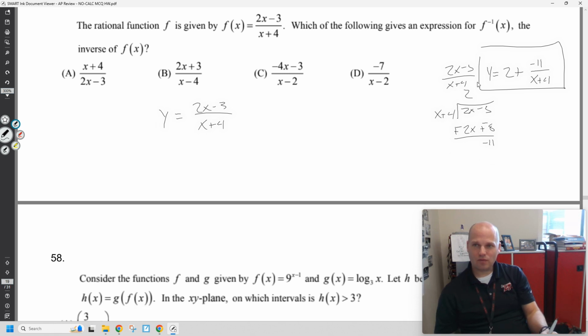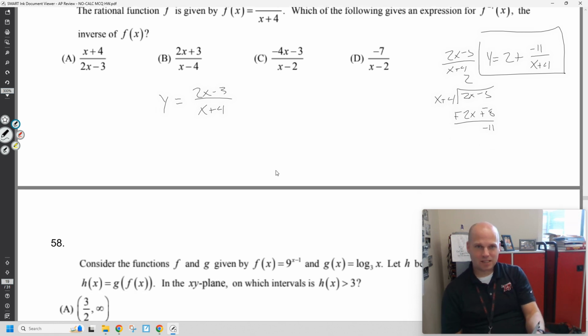I can solve this for x. Making sure I do this right.